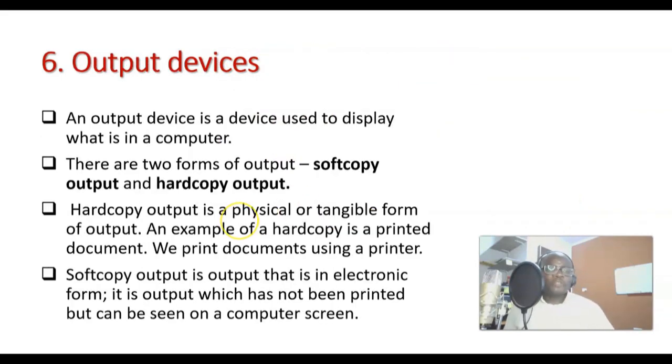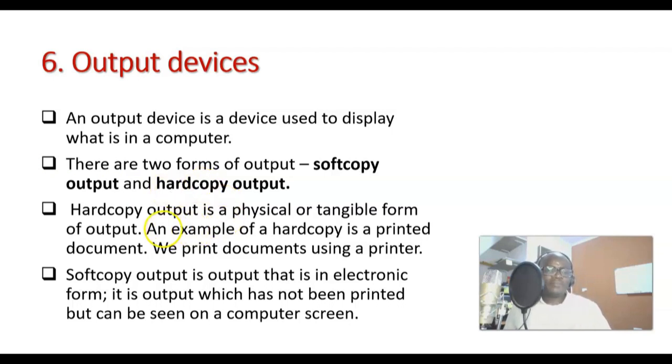Now let us look at output devices. These are devices which are used to display what is in a computer, or results of processing. Now, there are two types of output which a computer produces. There is one which is known as soft copy output, and another which is known as hard copy output.